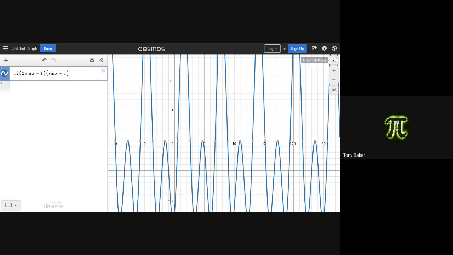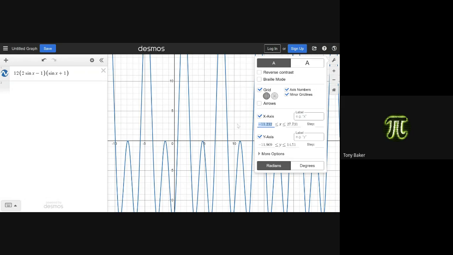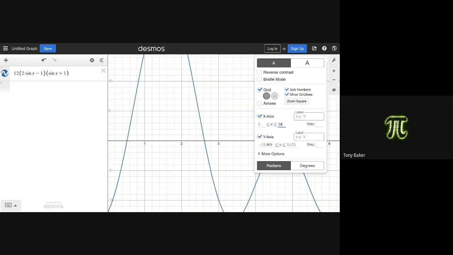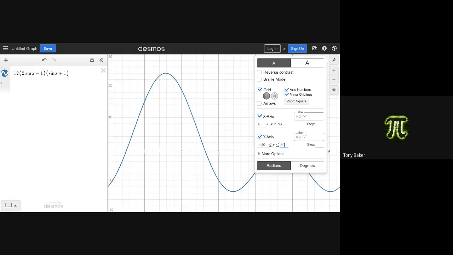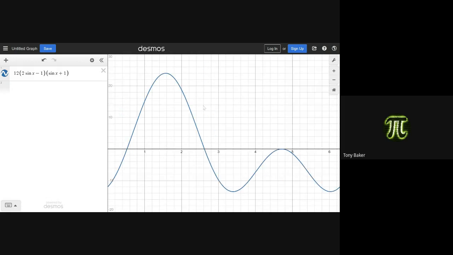Actually, we'll shrink this down a little bit, 0 to 2 pi. There. From 0 to pi over 6, it's negative, as well as over there on that other side. From pi over 6 to 5 pi over 6, it's positive, so this will be concave up.